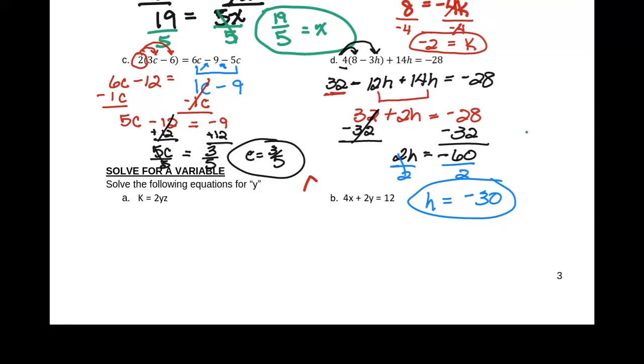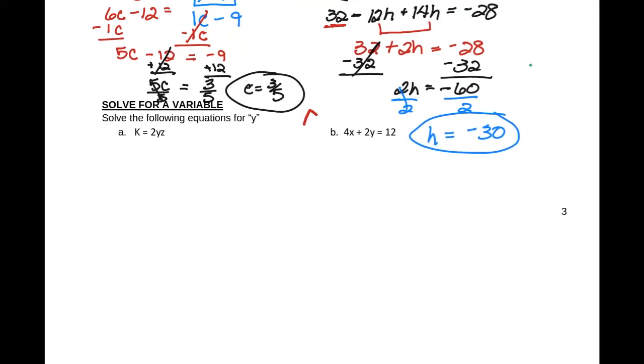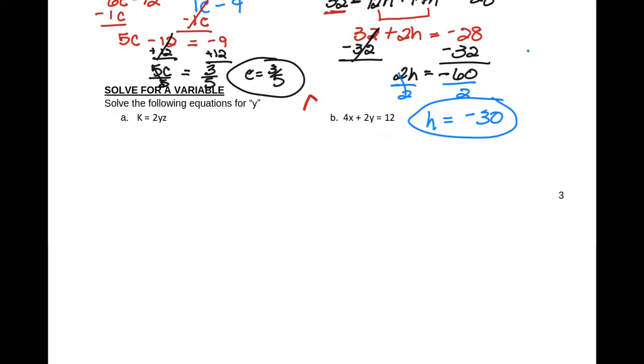All right, good. Okay, so I think that went pretty well for all of you. These last two, these are the last two we're going to do here, are probably the most difficult because we are trying to solve for y in terms of not just other numbers, but also other variables.